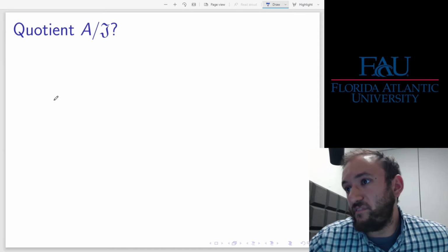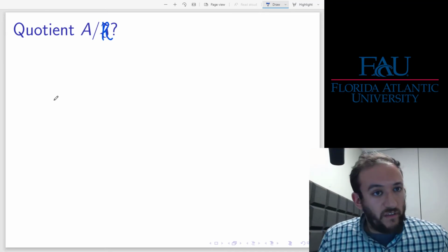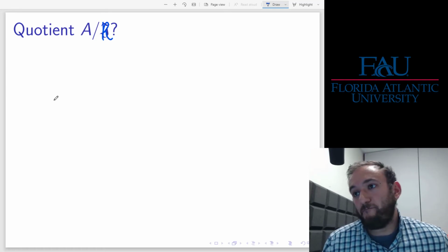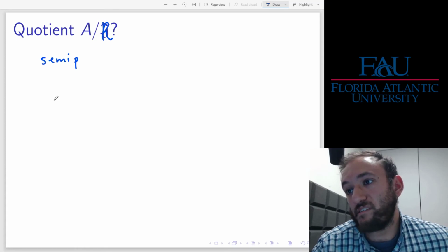As for the quotient of A by R, we saw that the quotient by the nil radical is going to be a reduced ring. The quotient by the Jacobson radical is going to be a special type of ring called a semi-primitive ring.